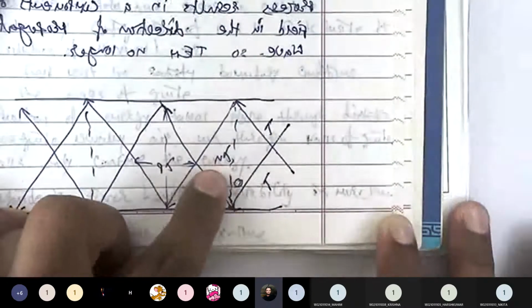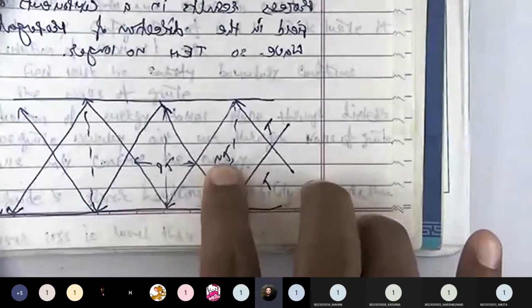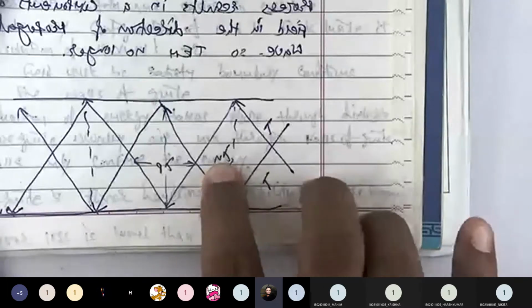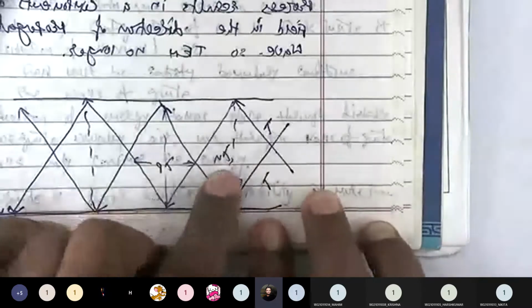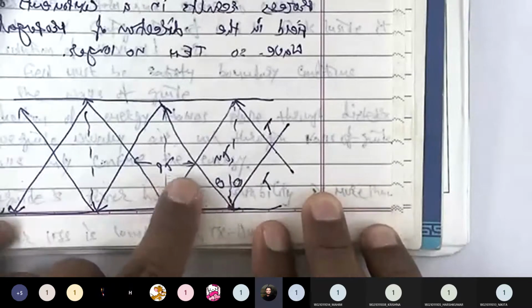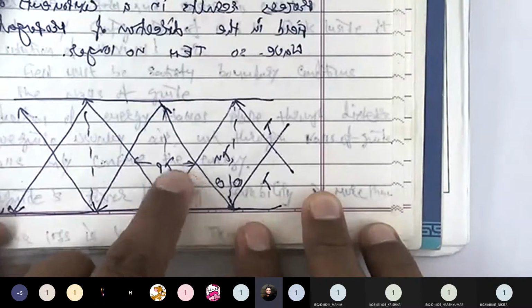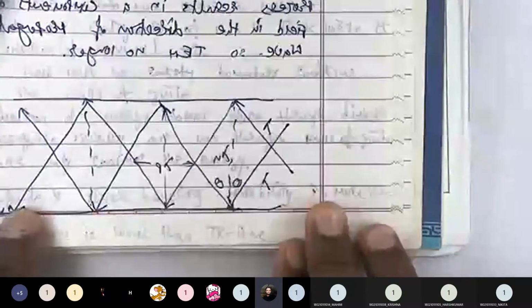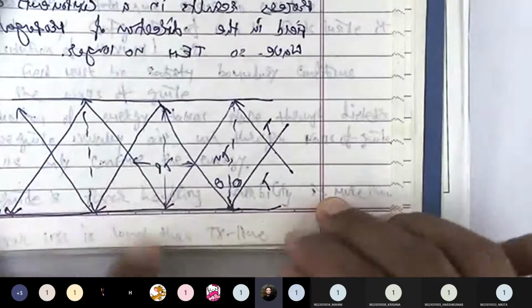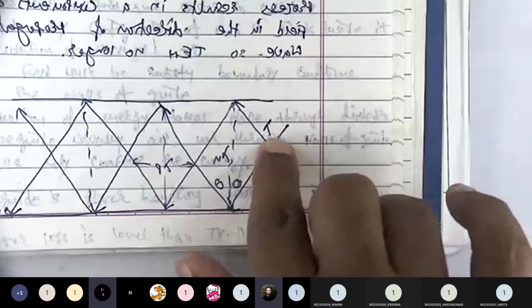So you have two different wavelength components. One is normal to the reflecting plane, which is the lambda n, while the other operating wavelength component is parallel to the reflecting plane, which is the lambda p.